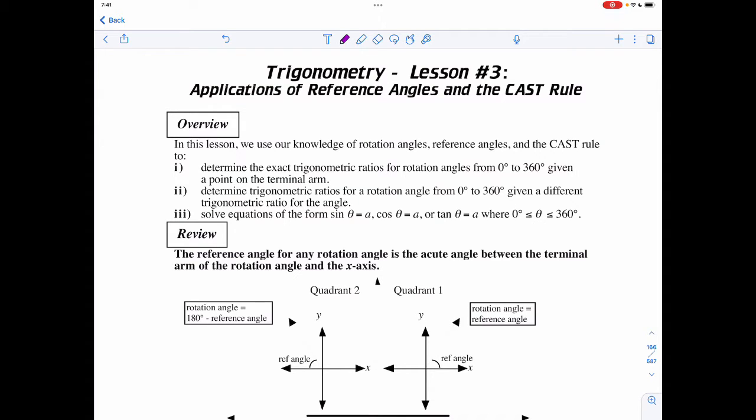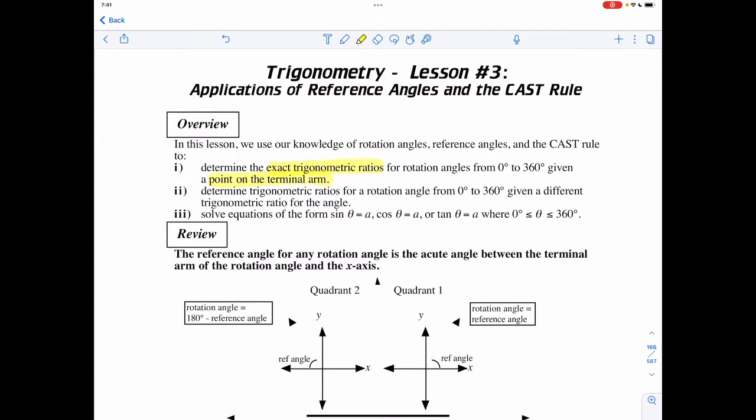All right, in this lesson, we're going to combine what we've learned over the last two lessons about our reference angles, rotation angles, our CAST rule, and our trig ratios. So the main key points are we're going to determine the exact ratios for a rotation angle given the point on a terminal arm. We've already taken a look at that a little bit.